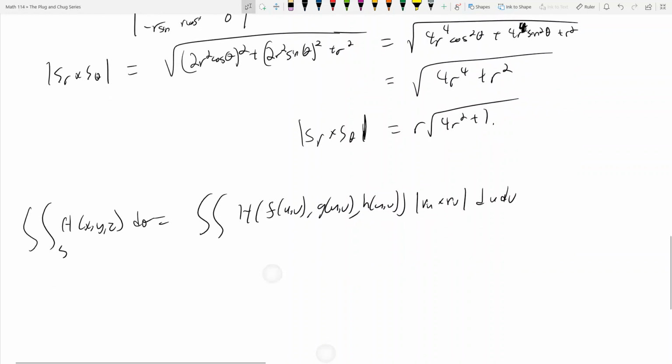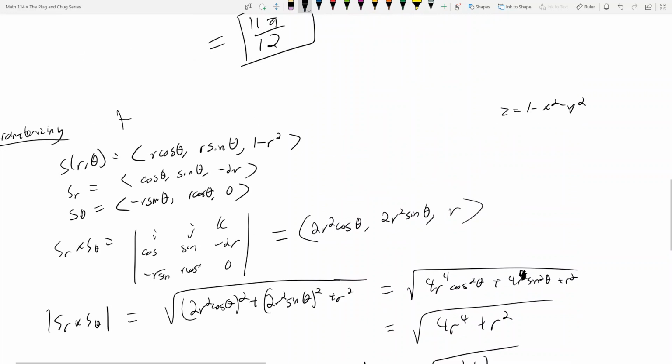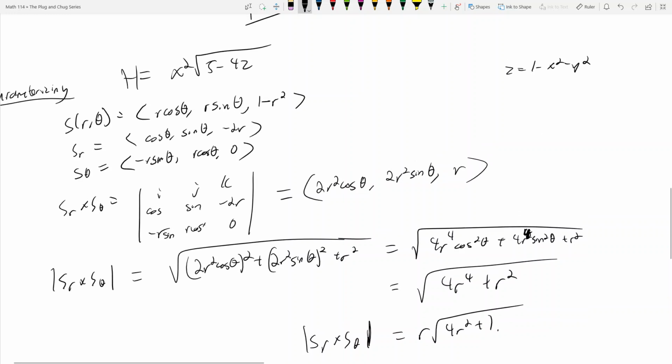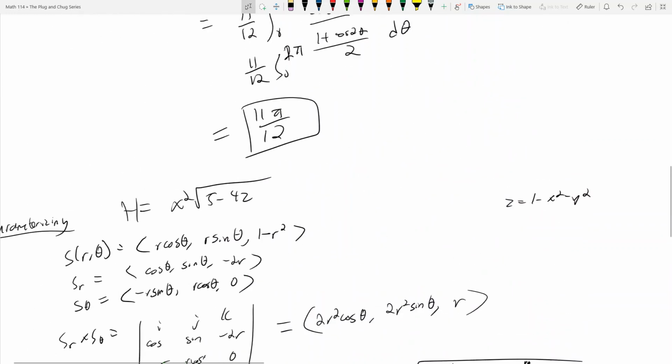Remember, h was equal to x squared times the square root of 5 minus 4z.